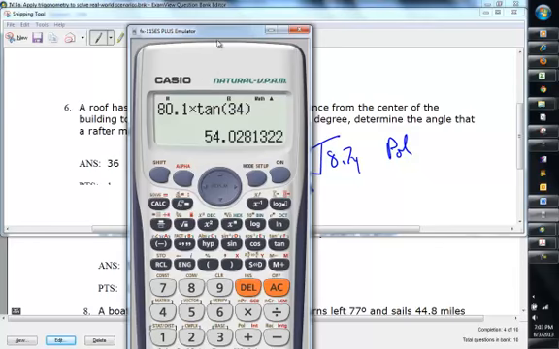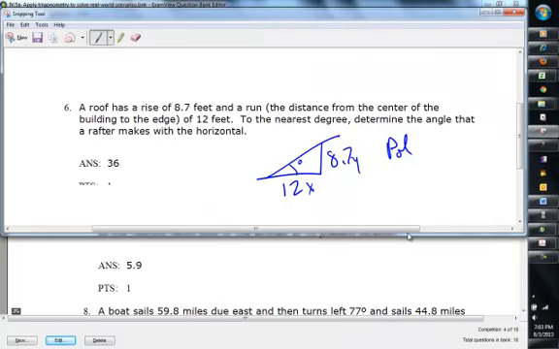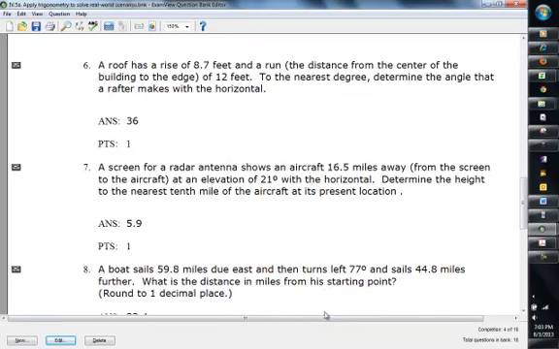So if we put those into our polar form, shift polar, and we go over 12, and we go up 8.7, we get the hypotenuse is 14.8, and the angle is 36 degrees. Next one.